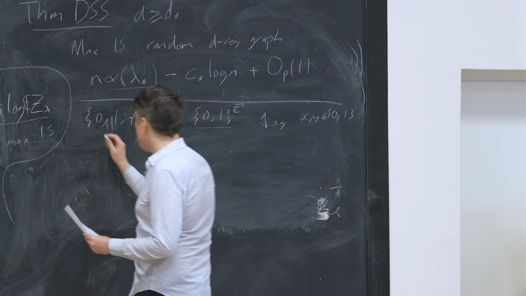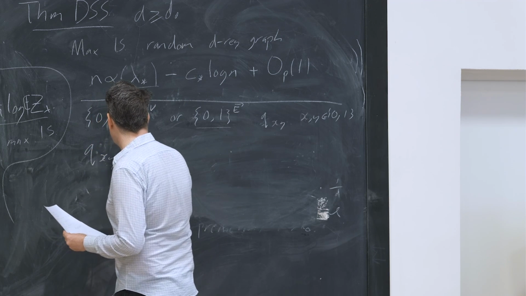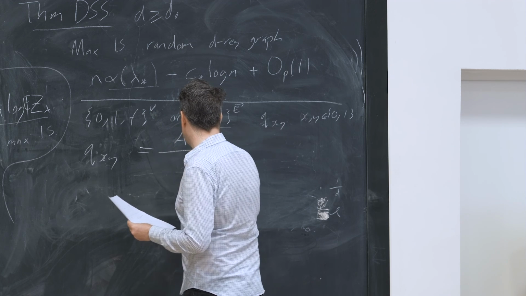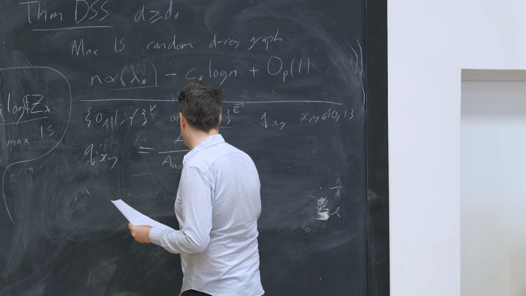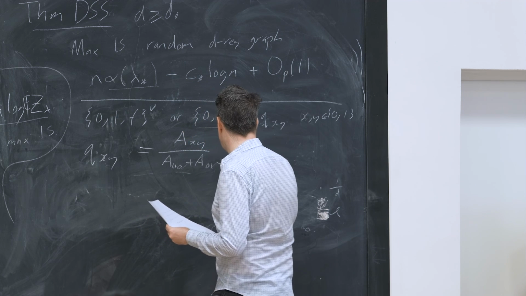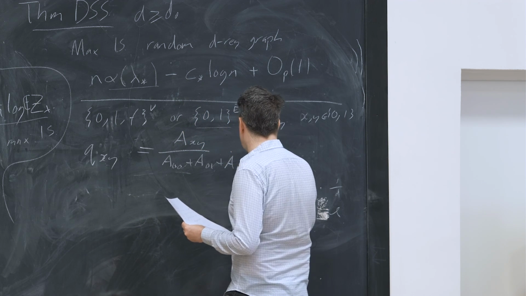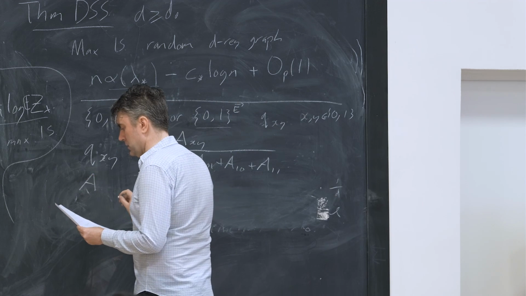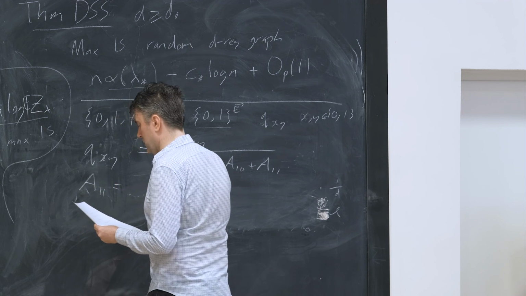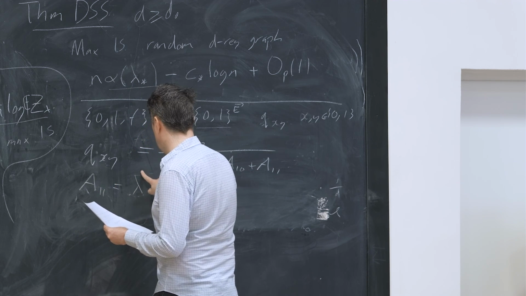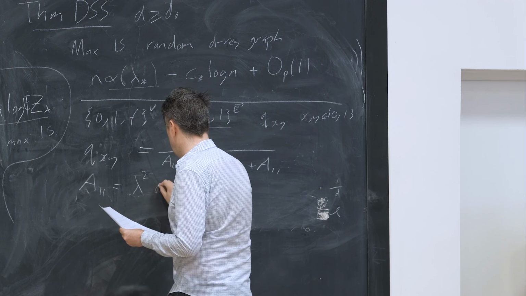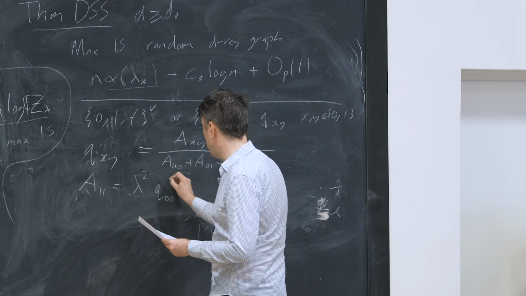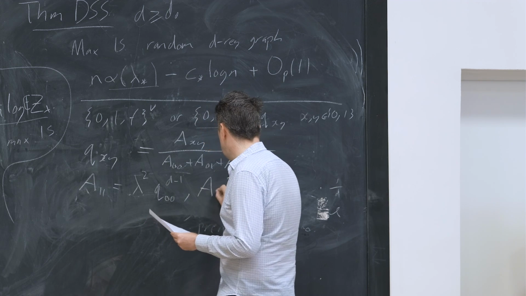And essentially the equations will look like axy over something, where the only way to have a 1-1 is if all the incoming messages are 0-0. A1, 0.